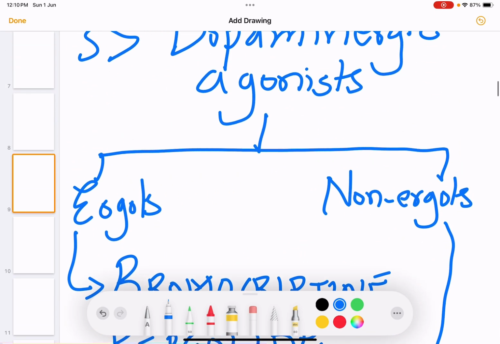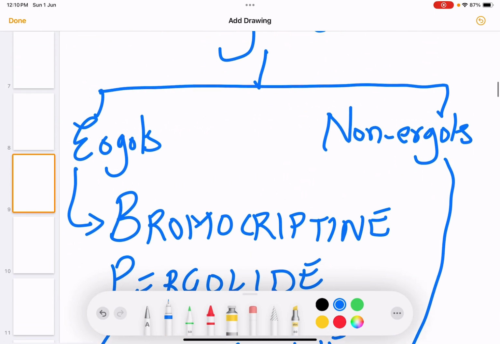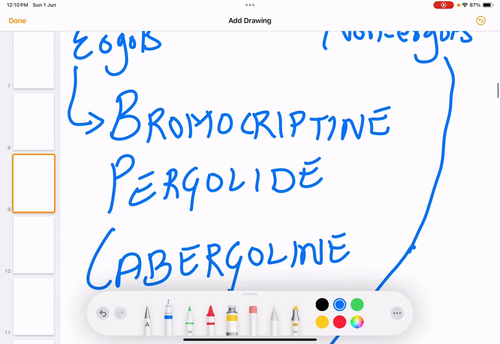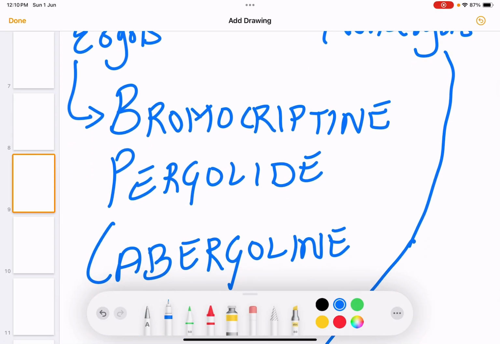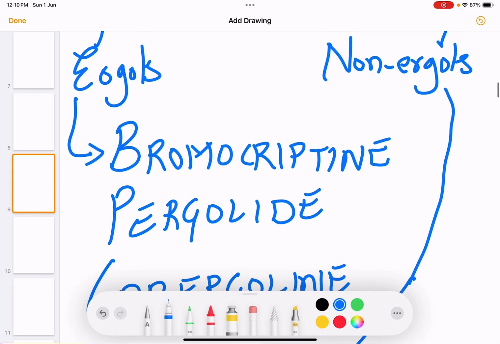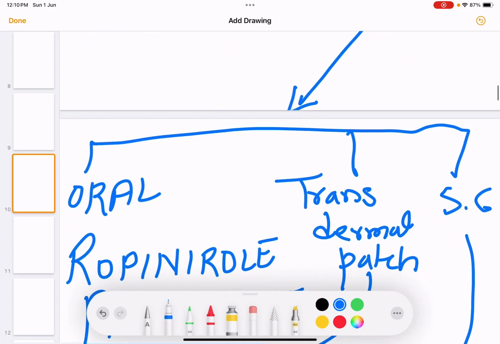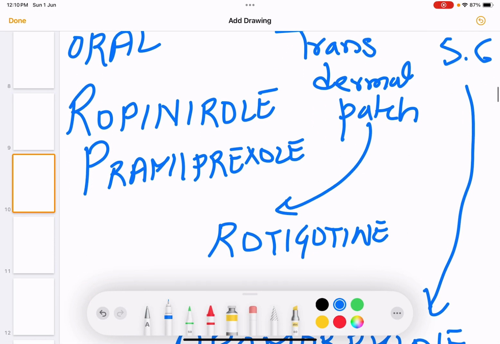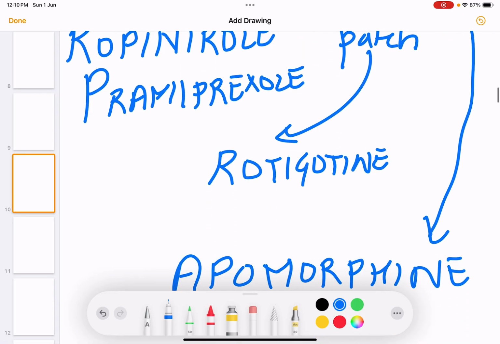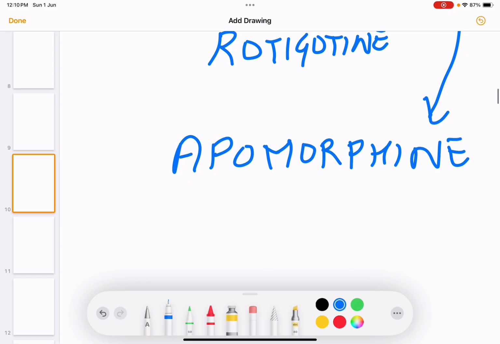So for dopaminergic receptor agonists we have ergots and non-ergots. In ergots we have bromocriptine, pergolide and cabergoline. These are not used commonly now. In non-ergots we have three categories: oral, transdermal patch and subcutaneous. In oral we have ropinirole and pramipexole. In transdermal patch we have rotigotine, and in subcutaneous we have apomorphine.